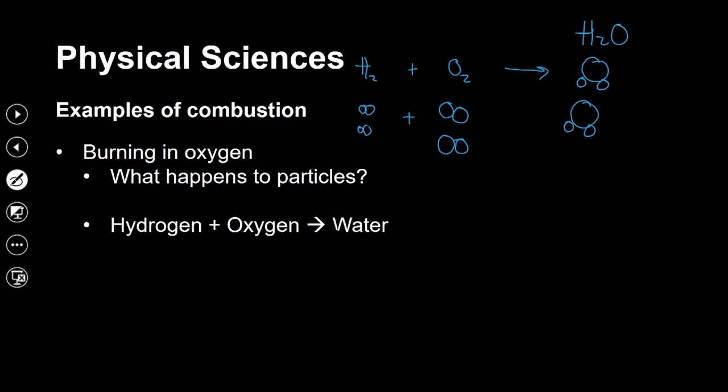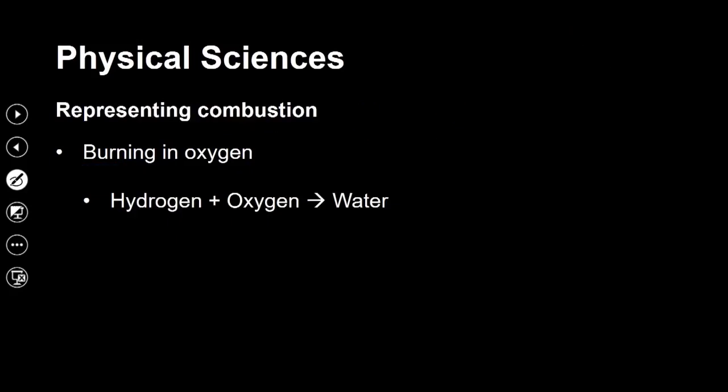We've used combustion, which is burning in oxygen, as a specific example. Now if we are to represent combustion, the word version of this change is that hydrogen and oxygen give us water.